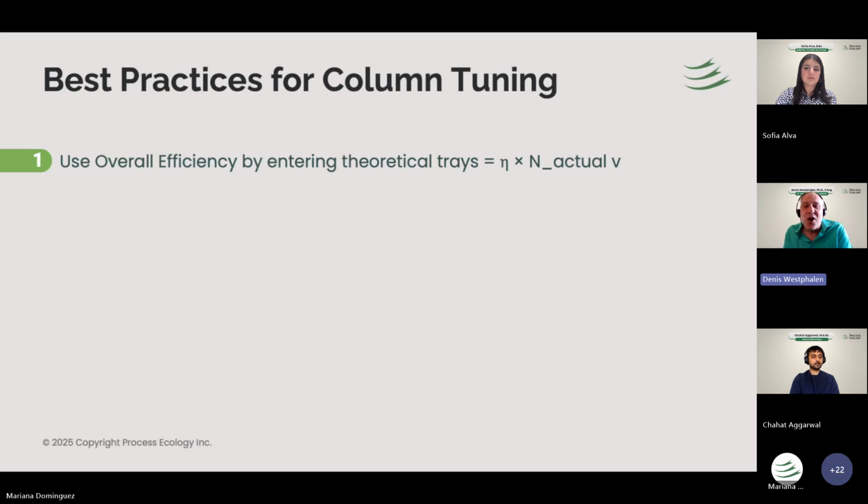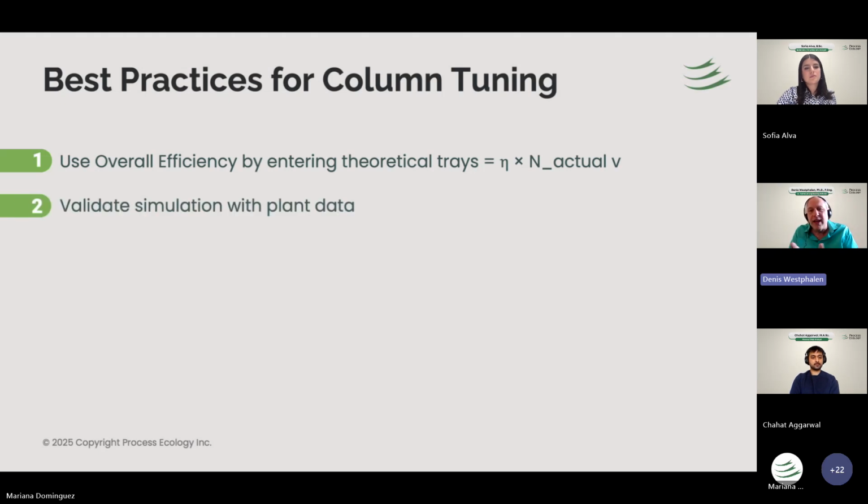The more complicated the column, the more weird results you get when you're using the Murphree tray efficiencies. That's the reason that, as much as possible, we prefer the use of the overall efficiency. Yes, it takes more work to set up your simulation.